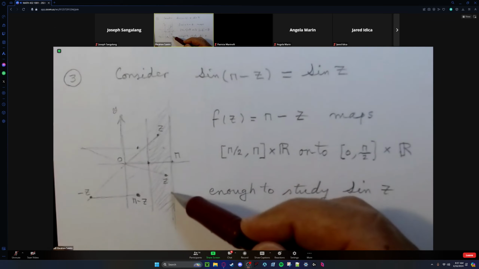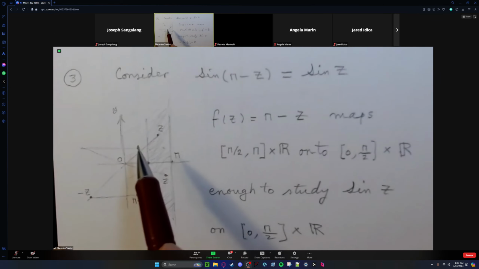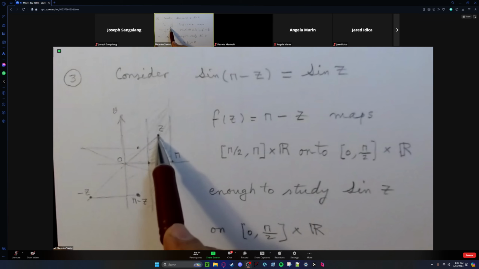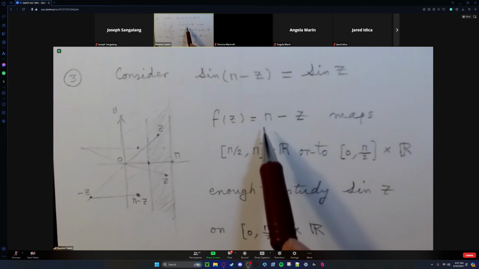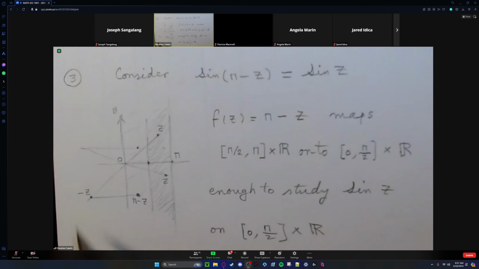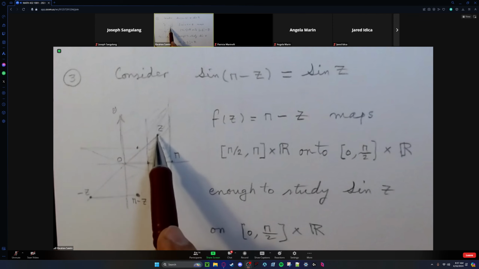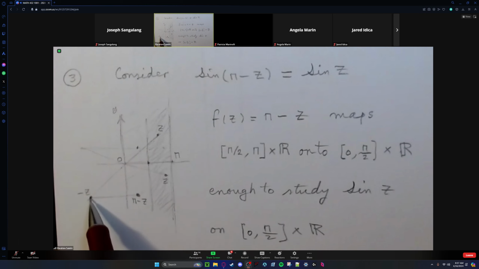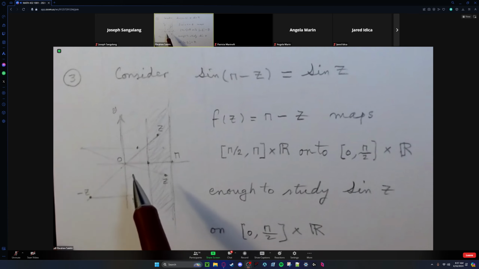But look at these two strips. When you choose a point z here, negative z is this one. If the coordinate here is x, y, the coordinate here is negative x, negative y. So negative z is, in effect, the reflection with respect to the origin.